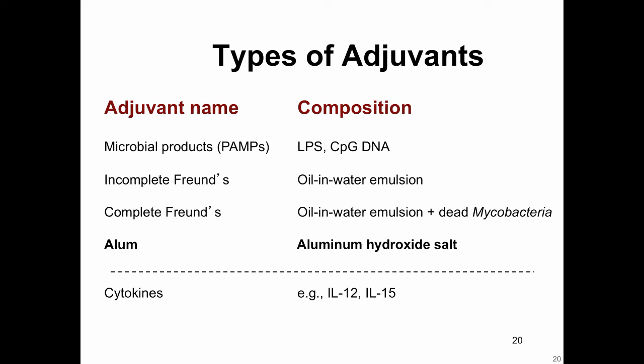But it turns out that not only does it prolong half-life, but the precipitation of the antigen in that form also activates innate immune cells, largely by activating certain types of pattern recognition receptors associated with damage or danger-associated molecular patterns.